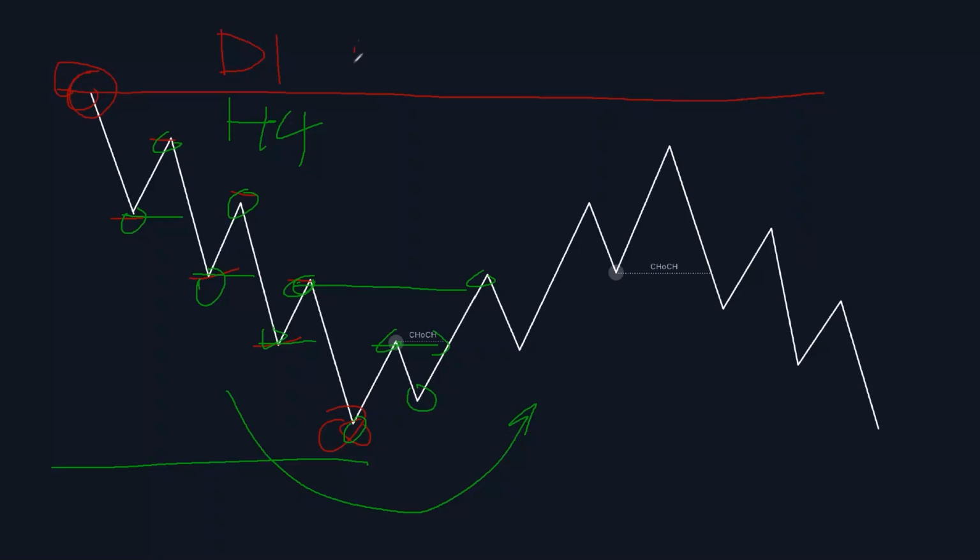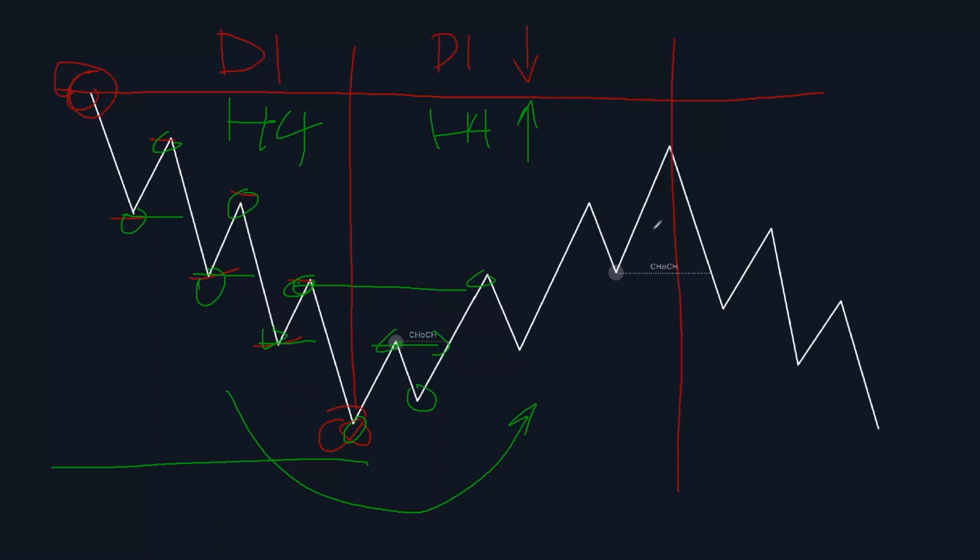So in this phase, we have the daily being bearish, but our H4 here is bullish. Things like this can happen very naturally in the market. Why?